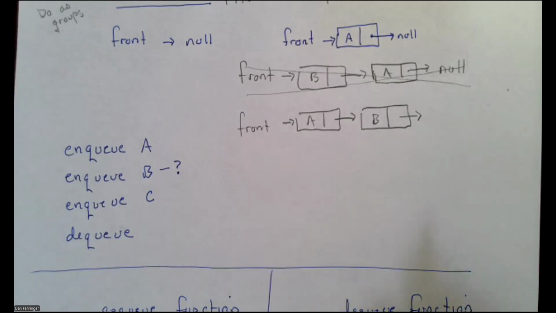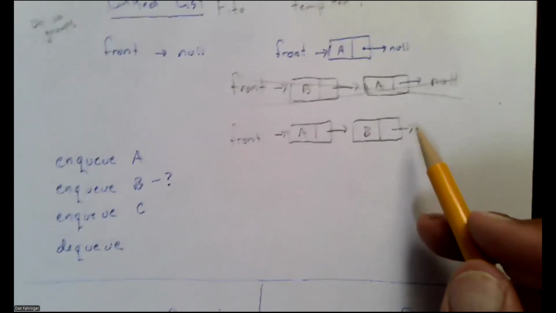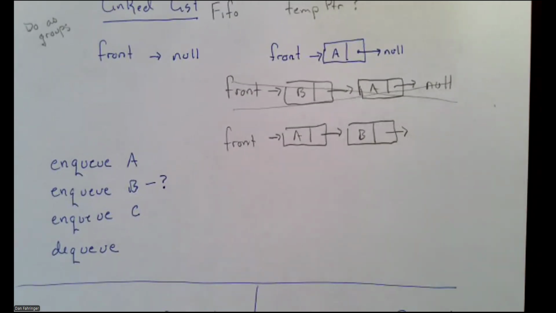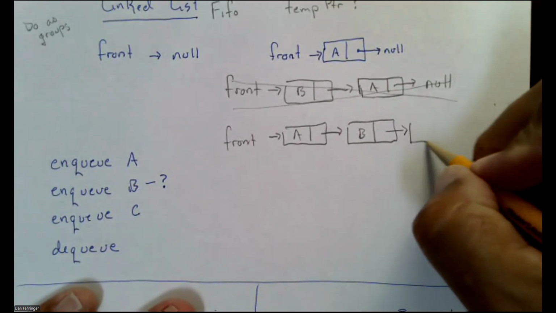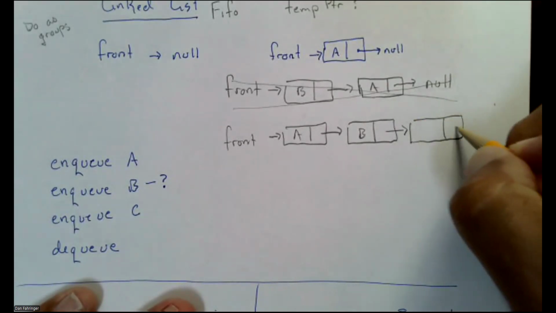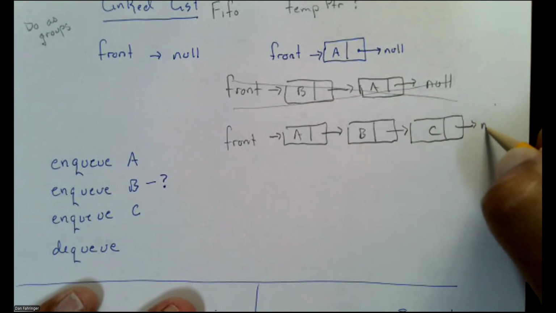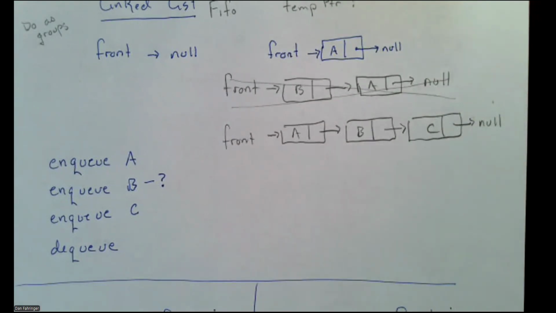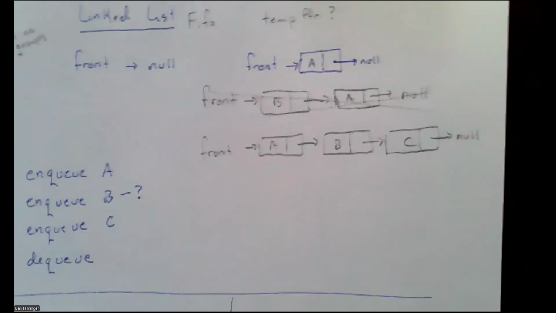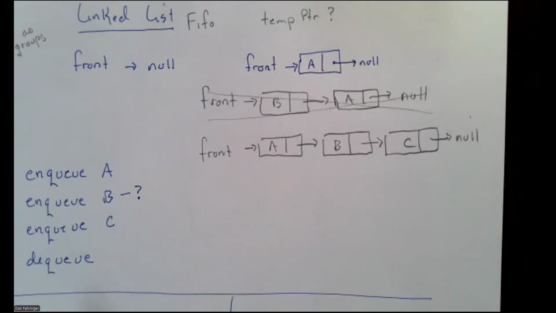Okay. So what's the first? Oh, go ahead, Nicholas. Mr. Rodriguez, do you want to go from here? I'll try. So then you would just set front to B, A would pop off.